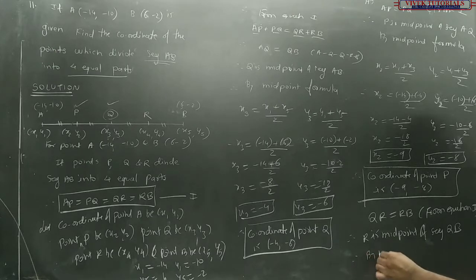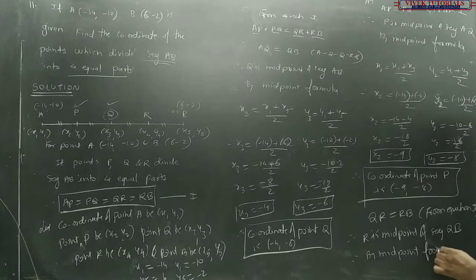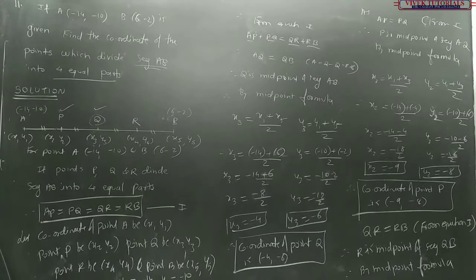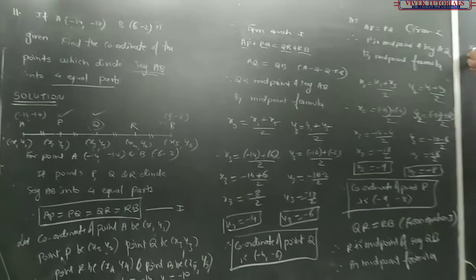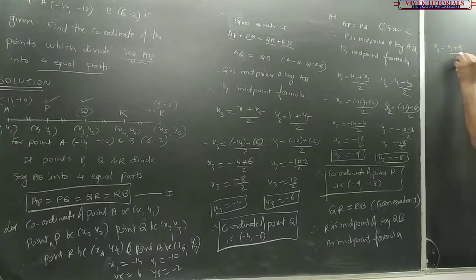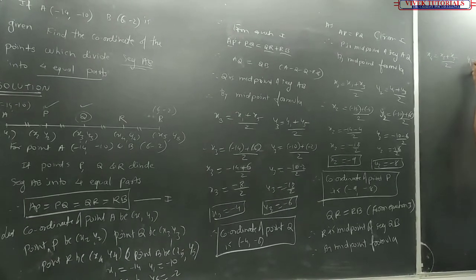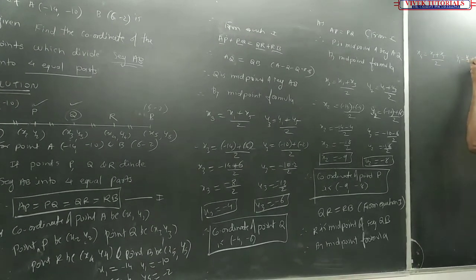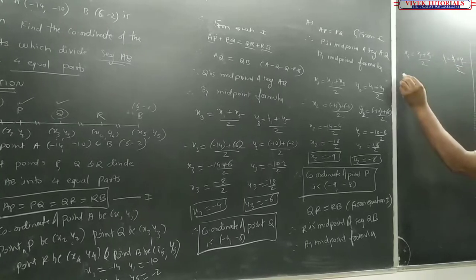Therefore, by midpoint formula, x4 is equal to x3 plus x5 upon 2 and y4 is equal to y3 plus y5 upon 2.